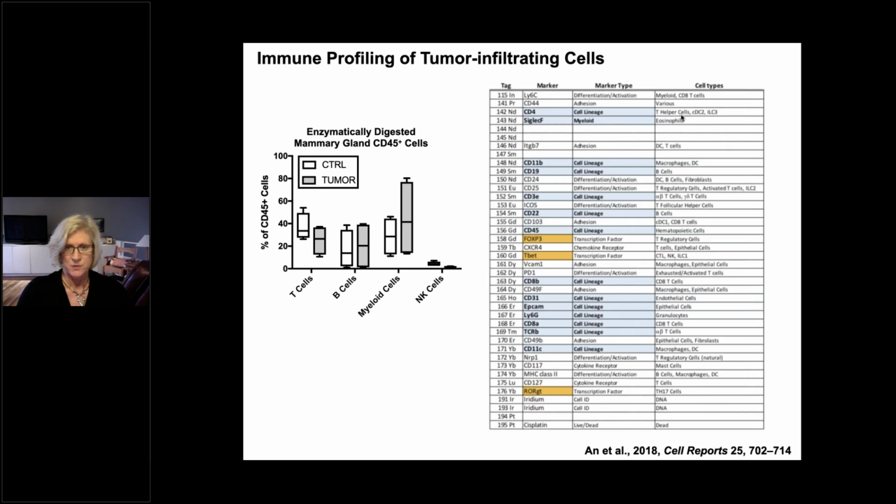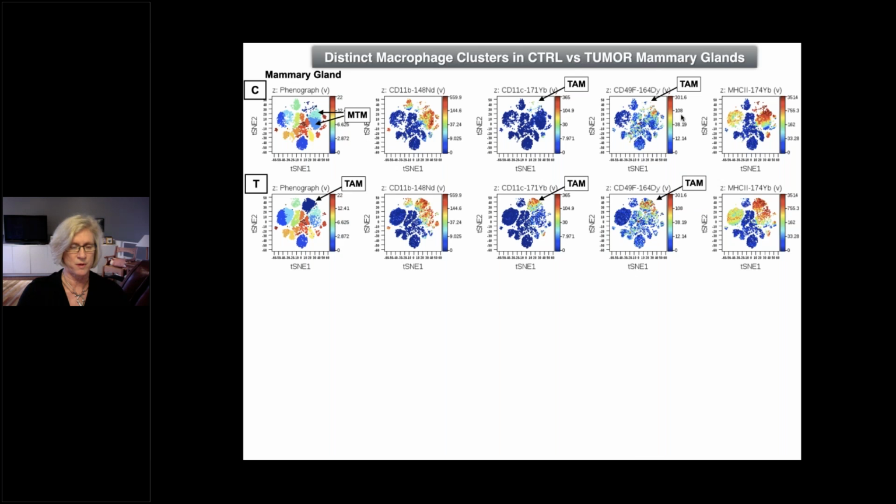But of course, because we had so many markers in our panel, I think this was a 33 marker panel, we were able to more deeply probe the kinds of immune cells in each subset, and that's where things got interesting. So I'm just going to show you a very brief summary, and you can read the paper that was published a couple of years ago if you want more details.